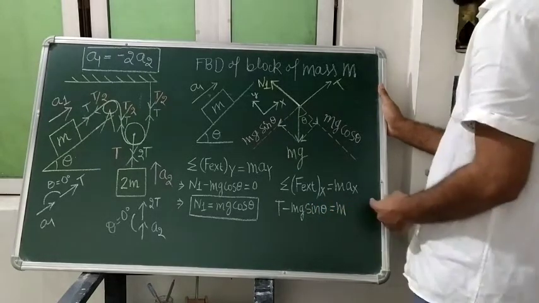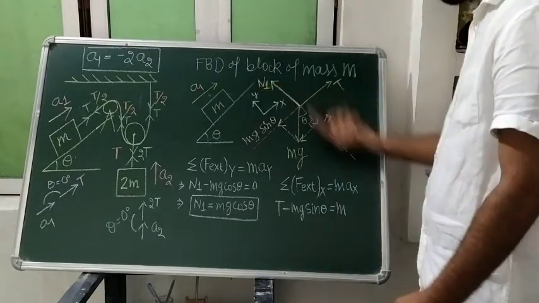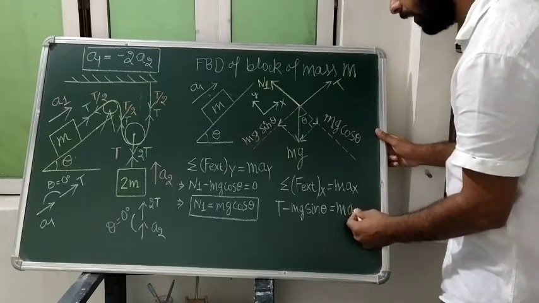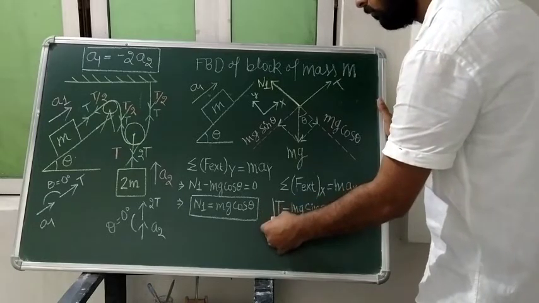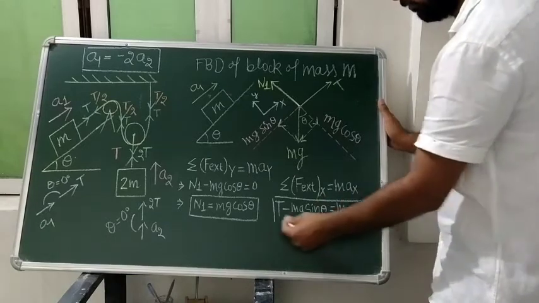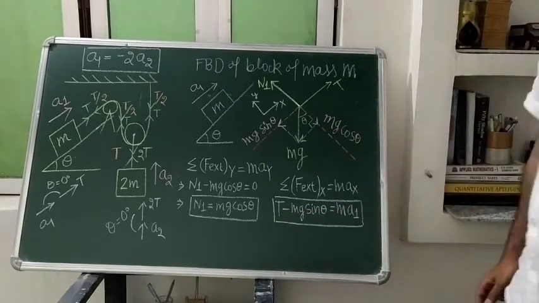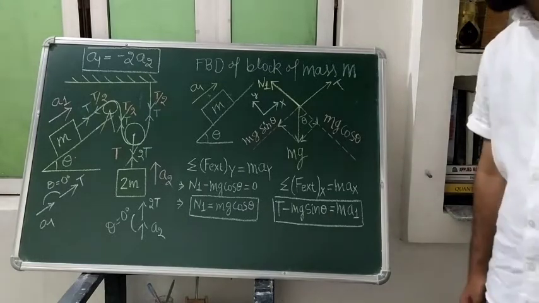M times acceleration in x direction, and acceleration in x direction is a1. So from here, what will we get? This a1. Okay. So you can write up to here.